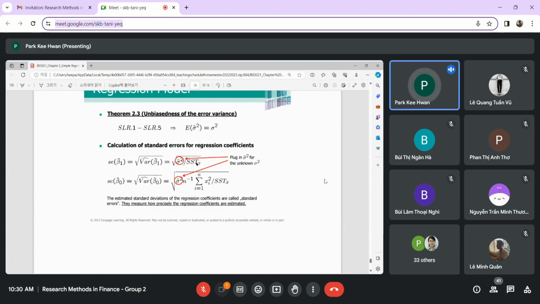With a greater sample size, you'll have a lower standard error. That means your estimates beta 1 hat and beta naught hat will be more precise and more reliable.